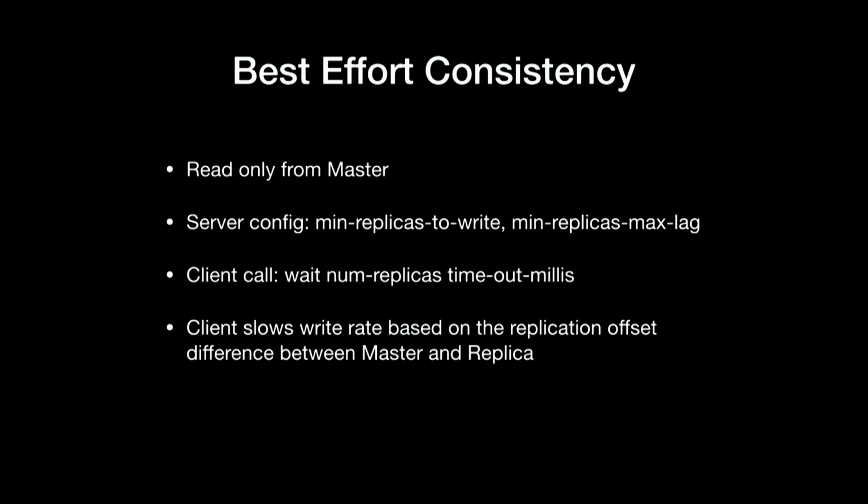This always goes with the second parameter, which is min-replicas-max-lag. What this means is, if a write comes to me as a master, I'm going to look at all the connected replicas and look at their lag. If I have the minimum number of replicas that have a lag less than min-replicas-max-lag, then I'm going to accept that write.